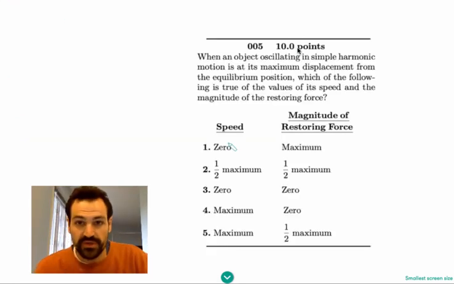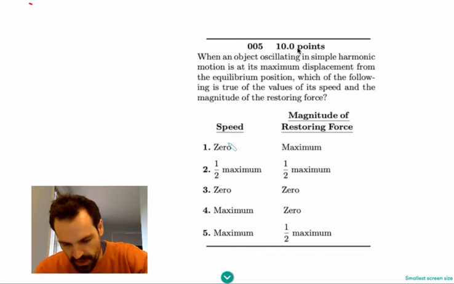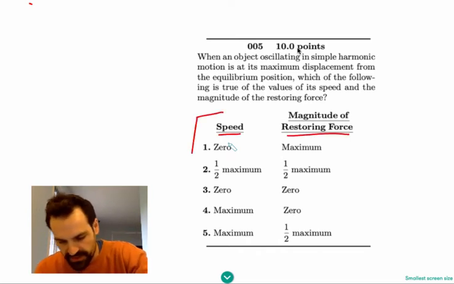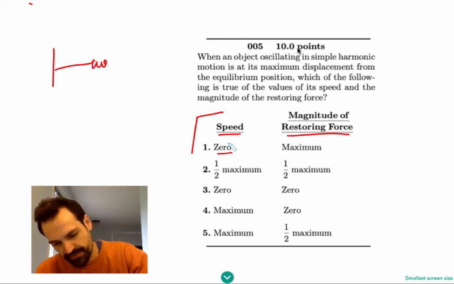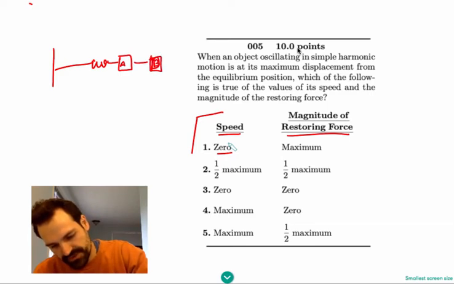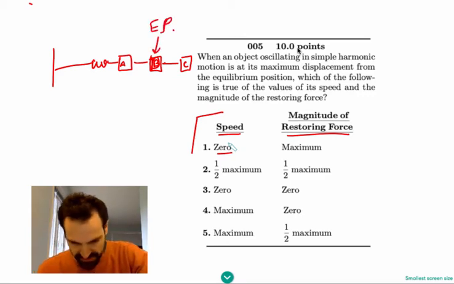All right, number 5. When an object is oscillating in simple harmonic motion, and I'm going to skip and look at the answers. We have speed and magnitude of restoring force, and they're looking at zeros, maximums, minimums, half maximums. So I'm just going to picture a box oscillating from A to B to C, where of course B is my equilibrium position and A and C are the maximums.